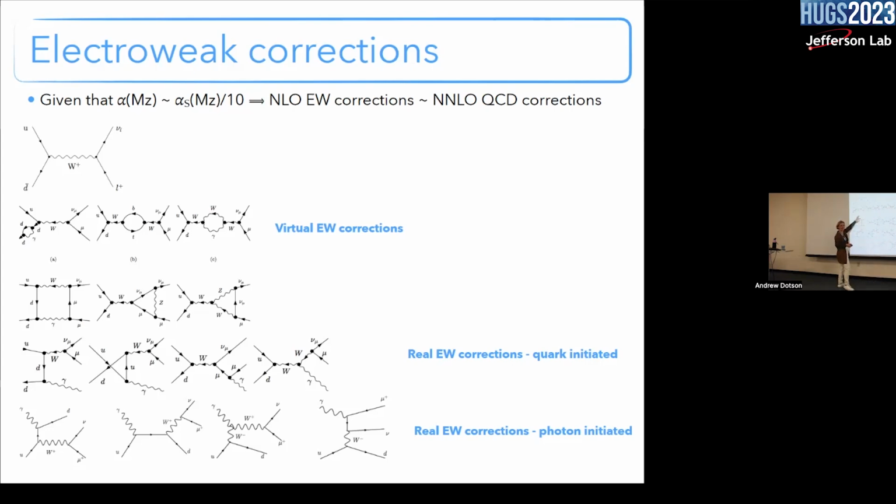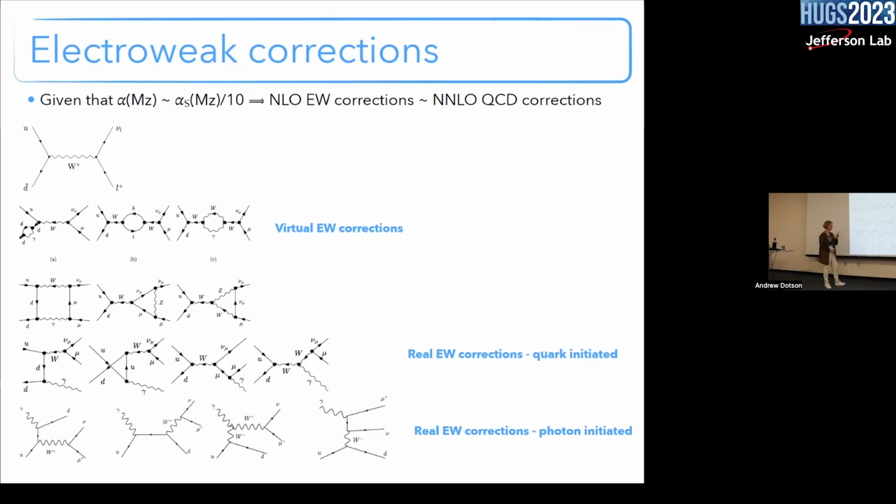The problem of electroweak corrections is that they're much more complicated than QCD ones, because you have more electroweak bosons, okay? And then you have real electroweak corrections, either from the final state, so you have quark initiated, and then this quark emits a photon, or emits a W, or emits a Z, whatever you want.